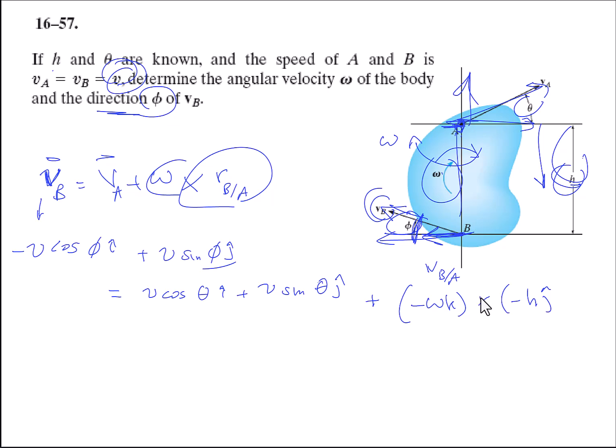So forces to the right are positive in the I direction, and this one in j. So this is minus V cosine phi is equal to V cosine theta minus omega h.